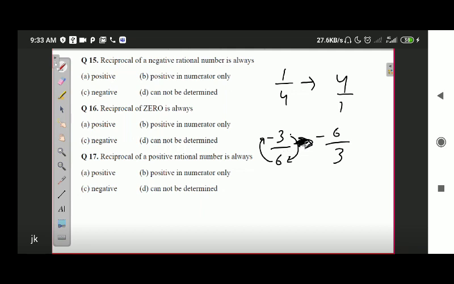So the reciprocal of a negative rational number is always negative. Reciprocal of 0, that is 1 upon 0, cannot be determined. The reciprocal of a positive rational number is always going to be positive.